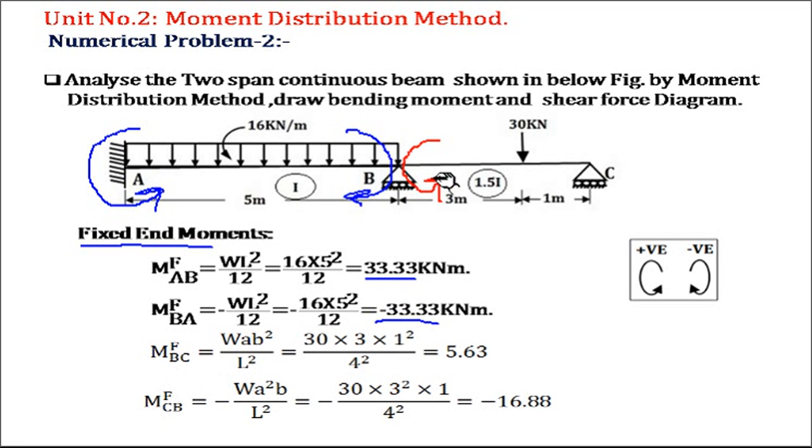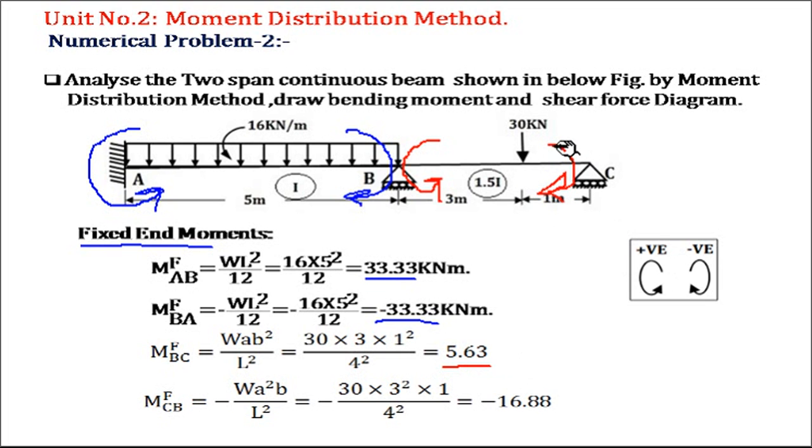The value of W is 30, the value of A is 3 and the value of B is 1. Putting in the values, 30 into 3 into 1 square, with the length of member BC being 4, we get the fixed moment in member BC as 5.63 kN-m.